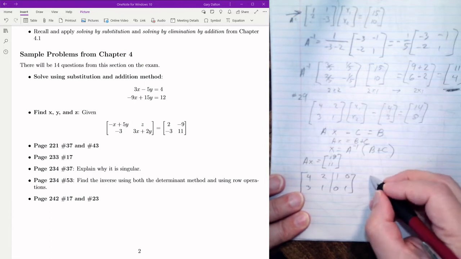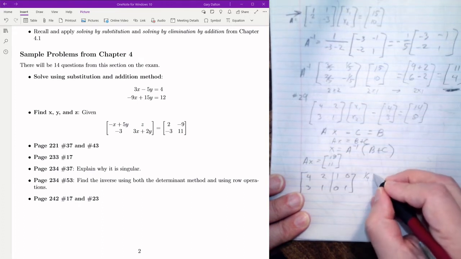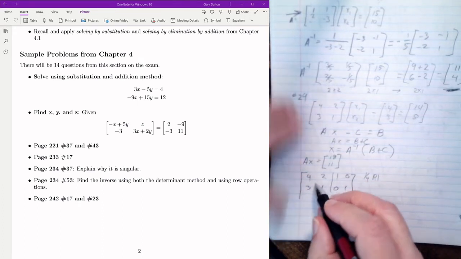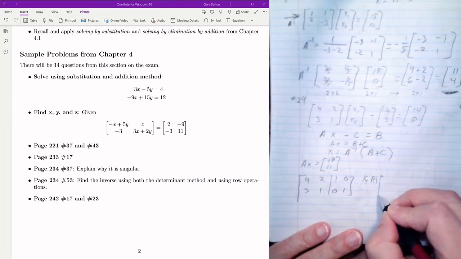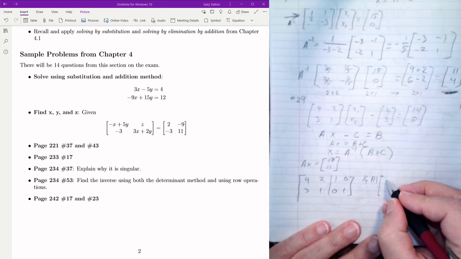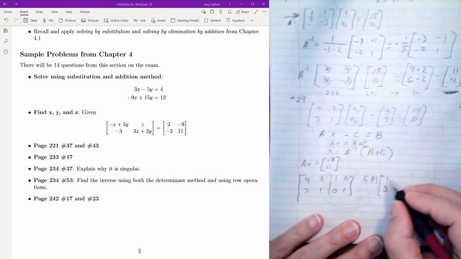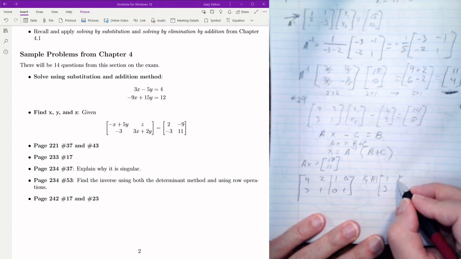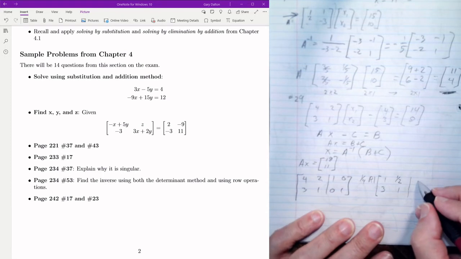Okay, we'll do 1/4 row 1. We could also do the determinant method. That's totally valid, but I'm going to do row operations on this, which gives us 1, 3. 2 divided by 4 is 1/2. 1 divided by 4 is 1/4.